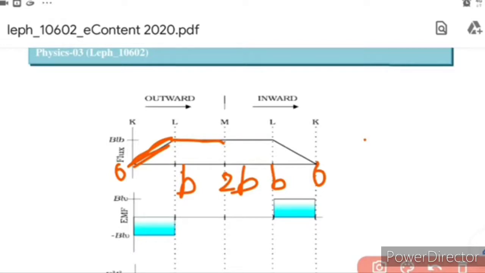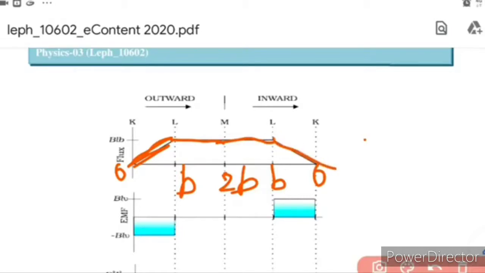And for the backward motion, from 2b to b, the flux remains the same, that is BLb. And when it is in backward motion, again the flux becomes BLx. And this time this x is decreasing, so the graph has a negative slope like this.